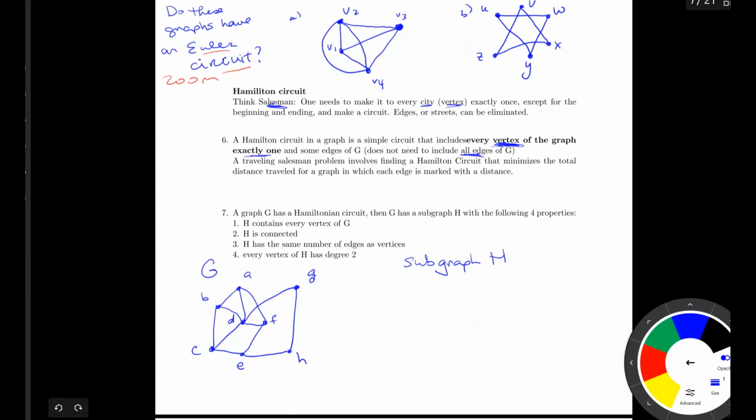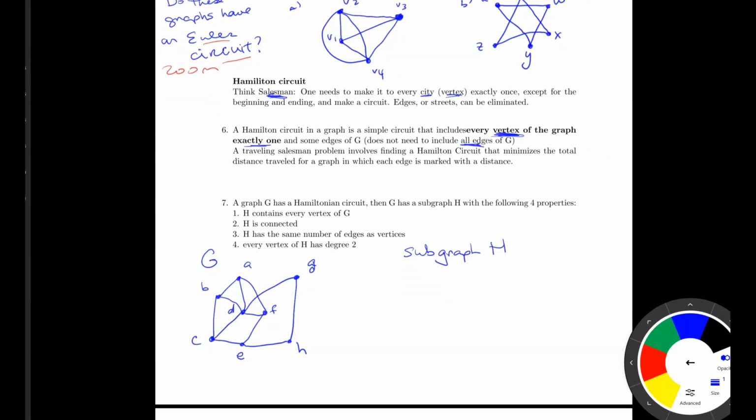All right, here we go. So what we want to be able to do to make our Hamilton circuit is if I have this G graph, I want to be able to make a subgraph that has these four properties. So H contains every vertex of G. So that means I'm going to have the A, the B, because the A and the B, all of these are the cities that we need to get to.